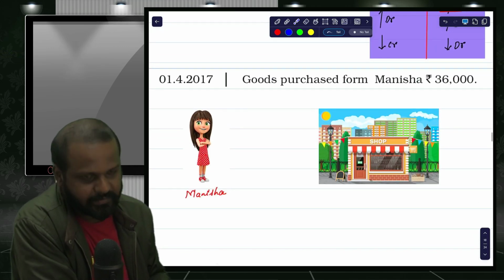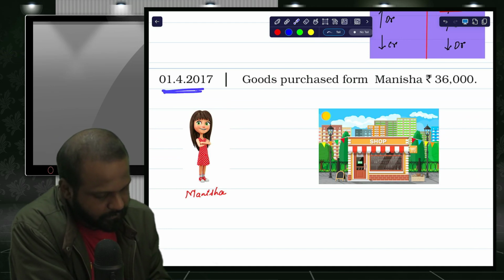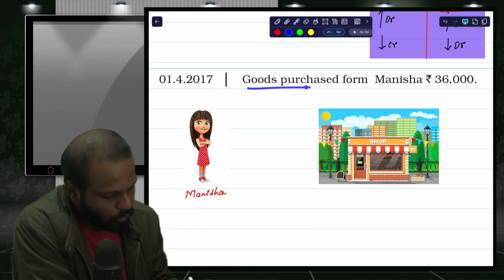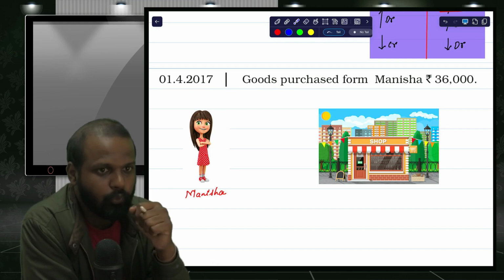Let us take second example. On 1st April 2017, goods purchased from Manisha. We have purchased the goods from Manisha.